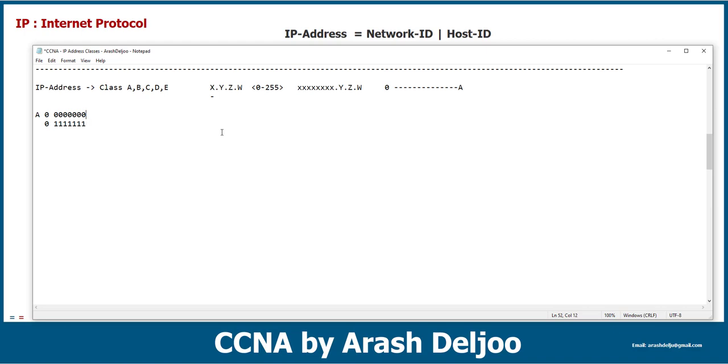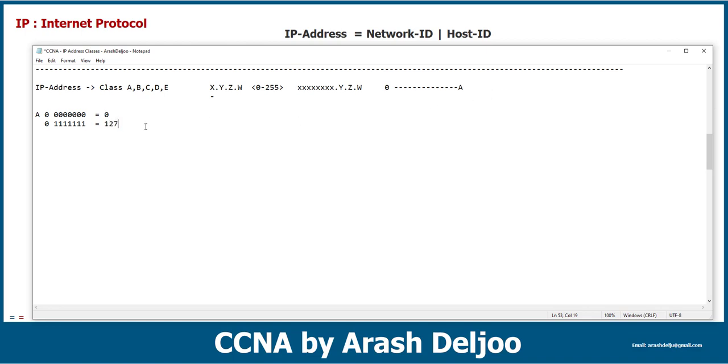This means that when you have a decimal value between 0 and 127, that IP address is residing in class A. If you have an IP address with a value between 0 and 127 in the first octet, this is a class A address. I will give you many examples about this.